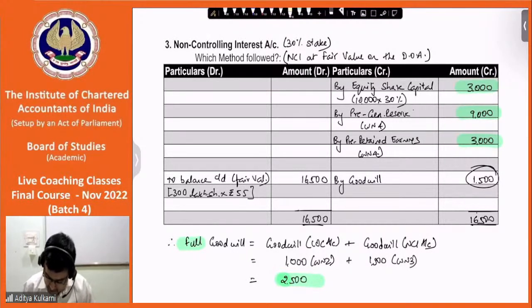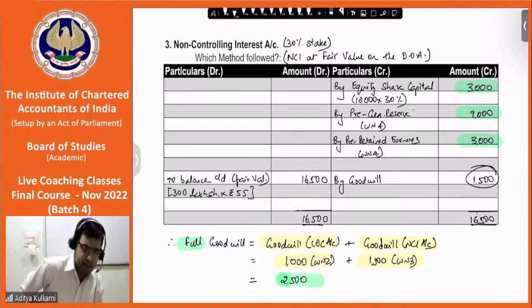You can check here. Goodwill from COC is 1,000. This is attributable to the parent. Goodwill from NCI account, this is attributable to the NCI. So the total goodwill is 2,500, which comes in the consolidated balance sheet. However, many times what companies do is, they do not want all this. They will say, we will do the NCI directly at proportionate share of net assets.